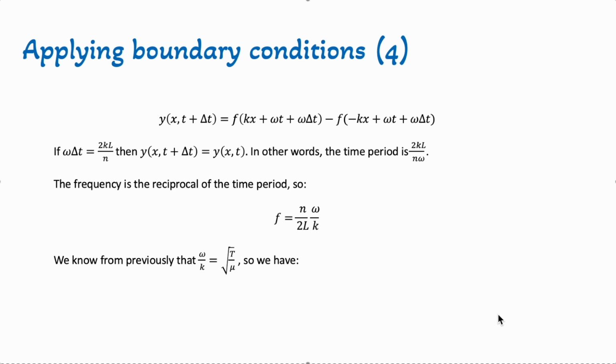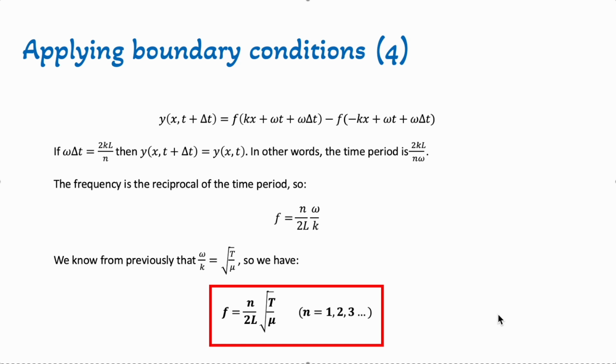This brings us to our beautiful final answer, which is this formula for the frequency of the oscillations of the string, and thus the frequency of the notes made by the string. So let's remind ourselves what everything is. L is the length of the string, T is the tension in the string, mu is the mass per unit length of the string, and this number n can be any whole number.